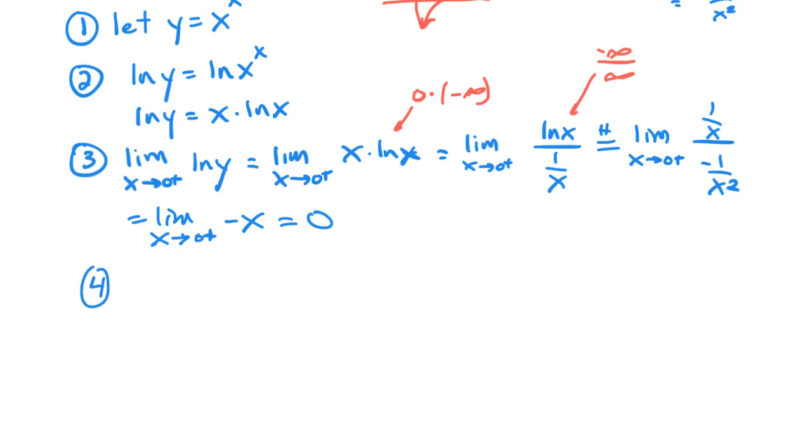So finally for step 4, we are going to answer the question we originally were asked. The limit as x approaches 0 from the right of x to the x. Well, to do this, we could say this is the same as the limit as x approaches 0 from the right of y, because up here we said we're going to let y equal x to the x.